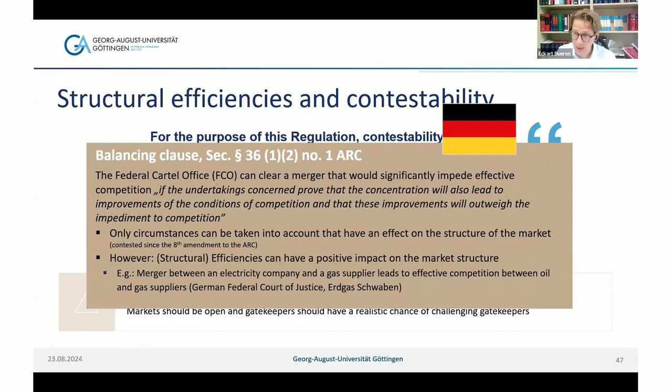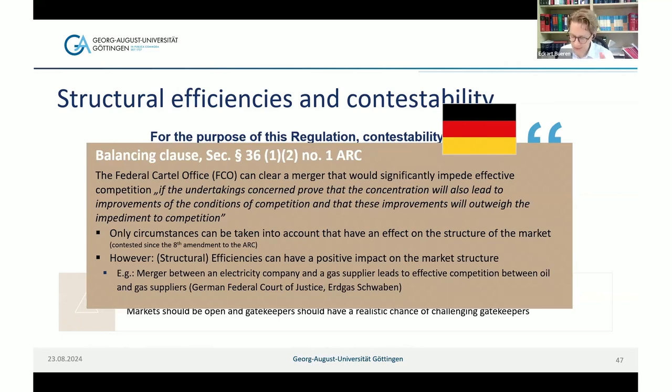It's a very different area of law, but just to give an illustration, there we have a so-called balancing clause in section 36, saying that the Federal Cartel Office can clear a merger that will significantly impede effective competition if the undertakings concerned prove that the concentration will also lead to improvements of the conditions of competition, and that these improvements will outweigh the impediment to competition.